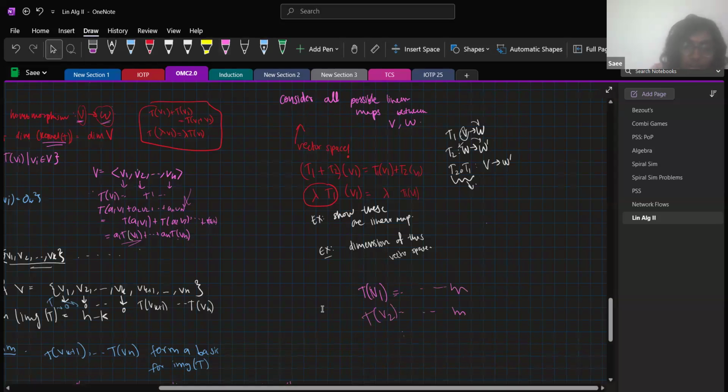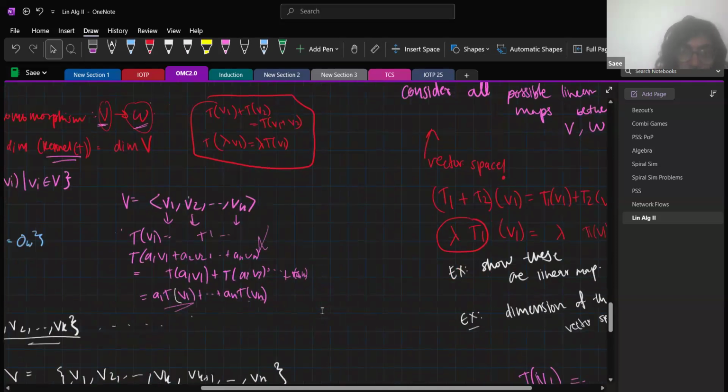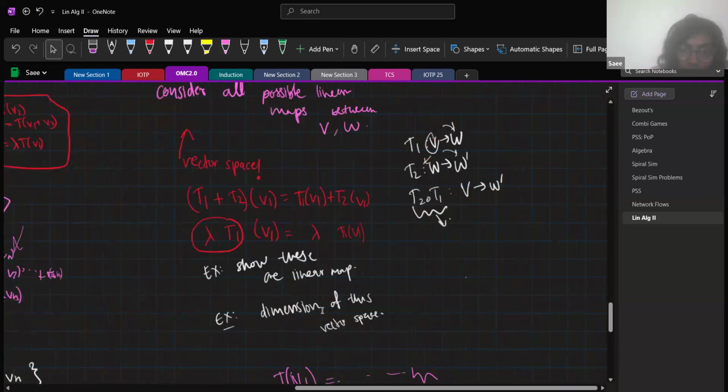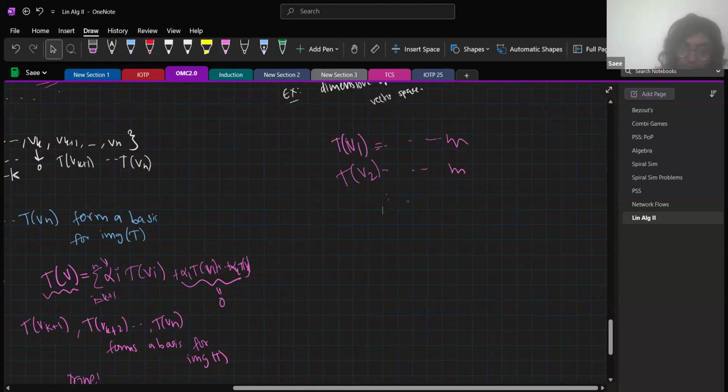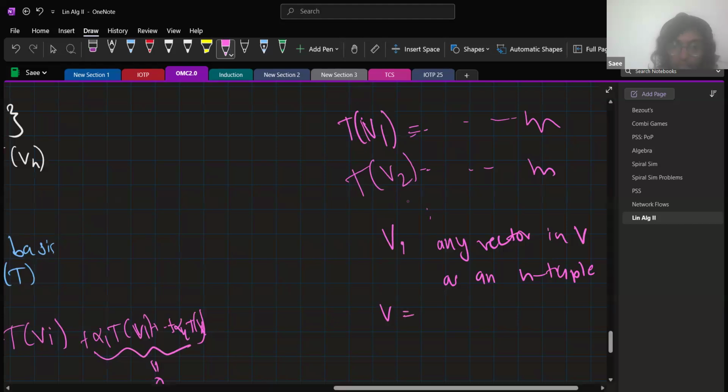So, okay, before I go to the representation of matrices, once you fix a basis for, let's say V, then you can write any vector in V as an n-tuple, where n is the dimension of V. Because let's say the fixed basis is V1 to Vn.